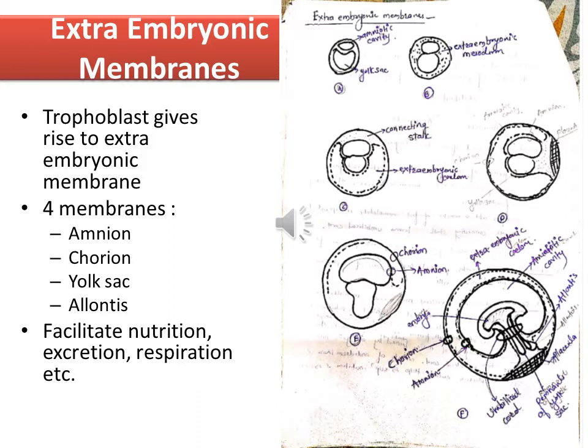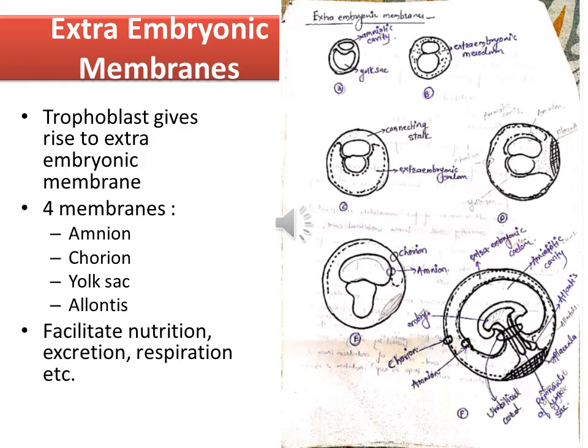Now let's see which are these extra embryonic membranes. These membranes develop from trophoblast. While studying the structure of the blastocyst, we discussed that trophoblast does not get involved in the formation of the embryo. That is the function of the embryoblast. Trophoblast gives rise to extra embryonic membranes.